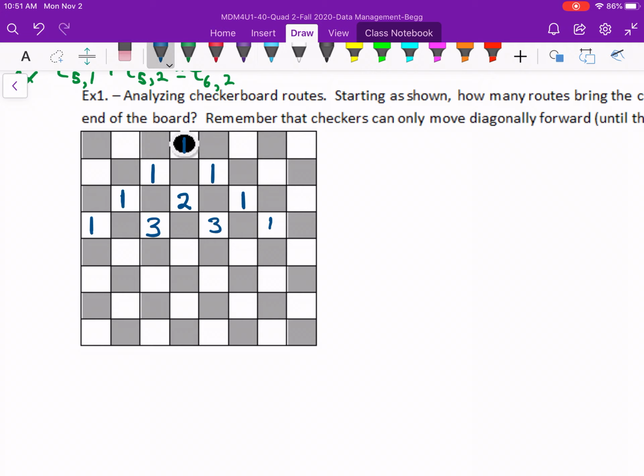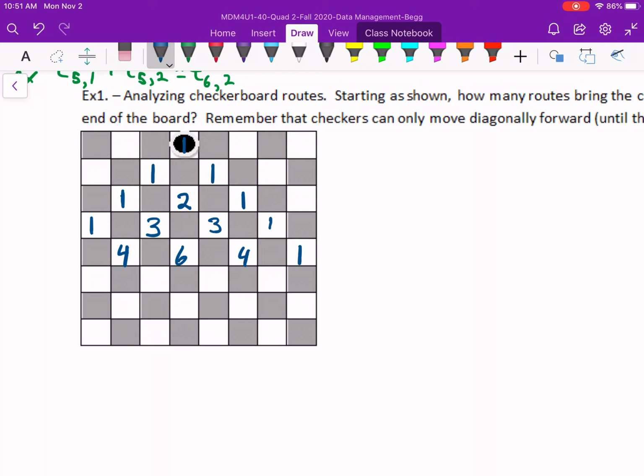So I don't need to think about the actual paths in each case. I can just add things up. However, you'll notice that the board runs out here on the left, so I can't get over here off the board because I'm not allowed to go there. But there are still four ways to get here, six ways to get to this one, and four. And there's one way to get to this square.